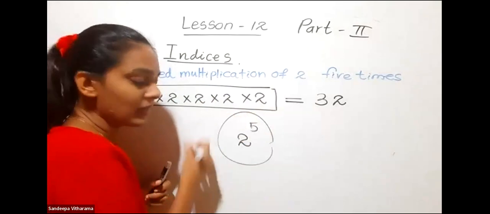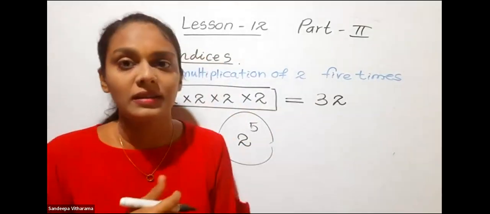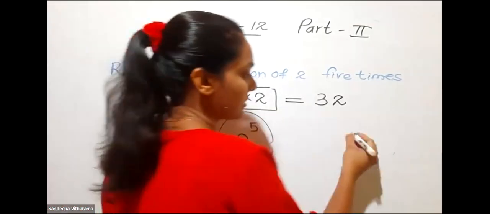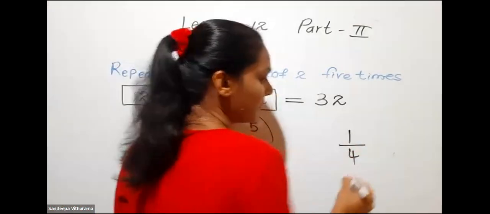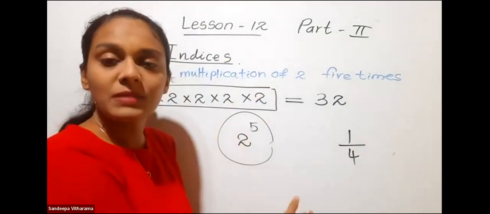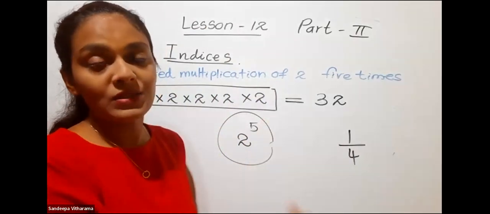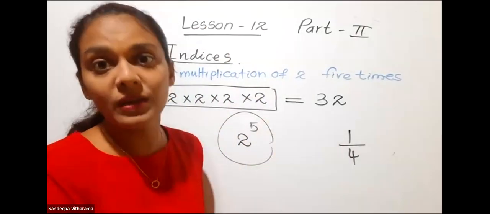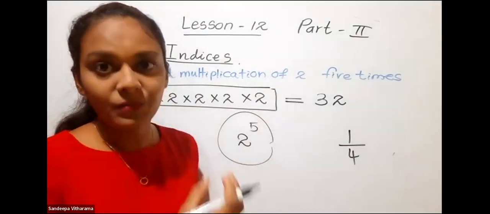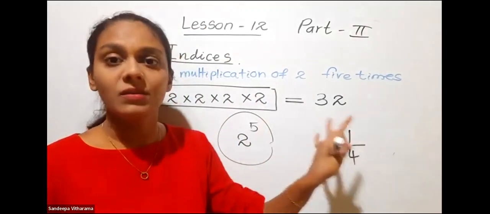This is not just something ordinary, it says something. Now think about a fraction. When we take a fraction, if I write 1/4, this expresses a particular thing. What is expressed by this? It says there is something which is divided into 4 equal parts. Out of the 4 equal parts, I have considered 1 part.